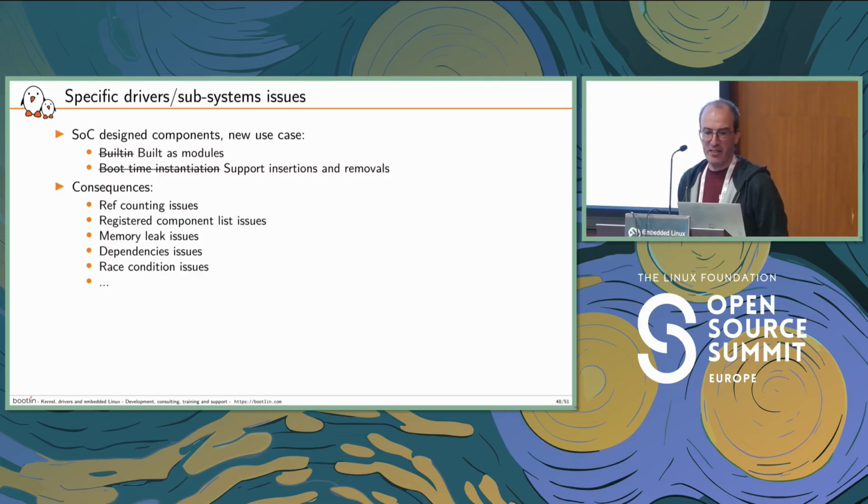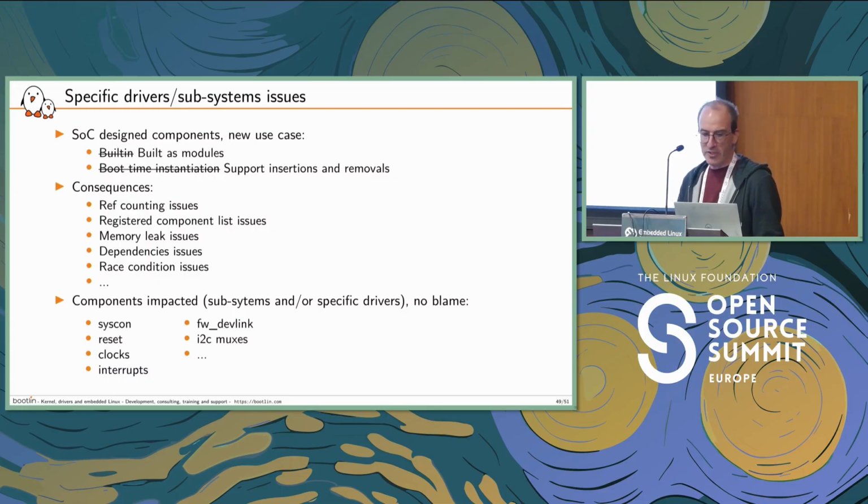The memory leak issues, some dependency issues, race condition issues, this kind of stuff, on several components. I don't want to blame any component, but you can see core components: syscon, reset, clocks, interrupts.